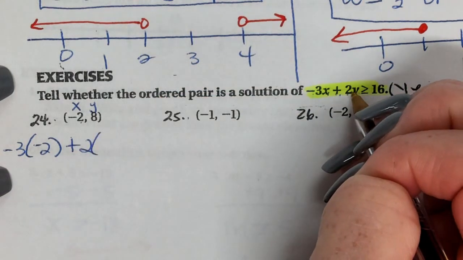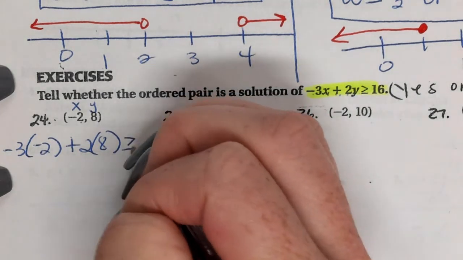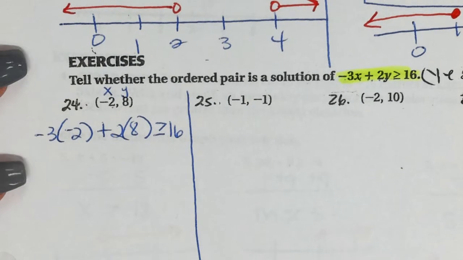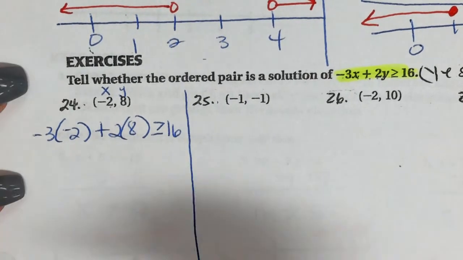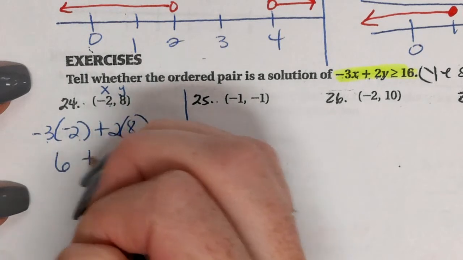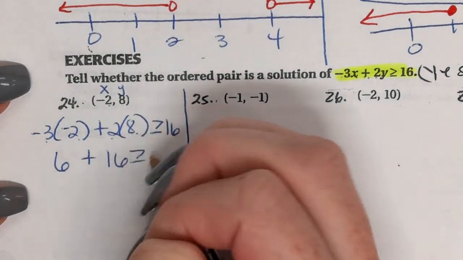What's y? Greater than or equal to 16. And all you're going to do is solve that and say, yes, it's true, or no, it's false. What's negative 3 times negative 2? 6 plus what's 2 times 8? Is greater than or equal to 16.